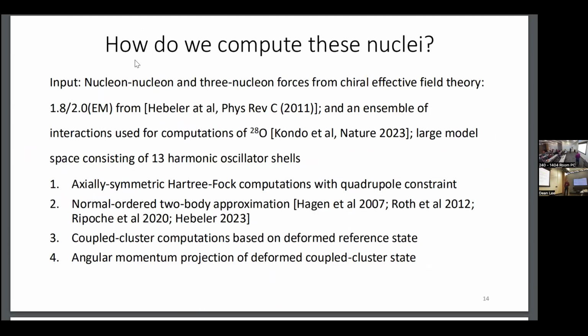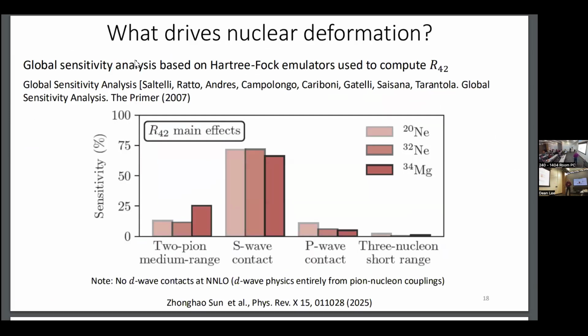I wonder, of course, you're looking at a very broad range of things, but how many of these nuclei are very clustered? Lots of alpha cluster structure, for example. I think of that as also being a source of deformation and very sensitive to S-wave contact. Right. So, of course, we do not have 4-particle 4-hole excitations.